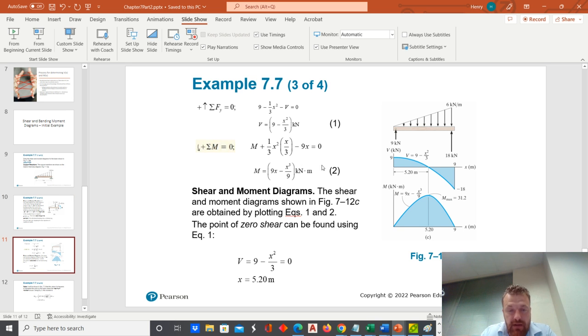If you do all that correctly, you will find that the expression for the bending moment as a function of the distance across the beam is cubic, but it also has a linear term as well. So that's how these individual expressions were come up with, and you can see some plots of them over here on the right.